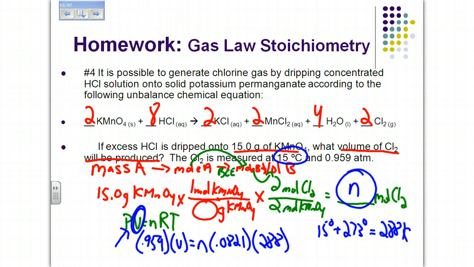I'm then going to solve for V. Remember, you're solving for what n is. You're going to plug n into the equation here, and then you're going to give me an answer for V on Monday. That's your example for gas law stoichiometry. This is what you need to be able to do.